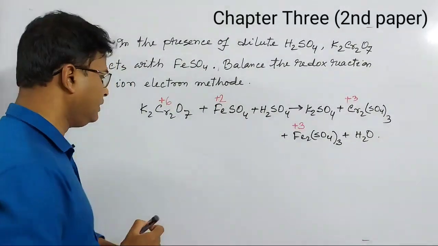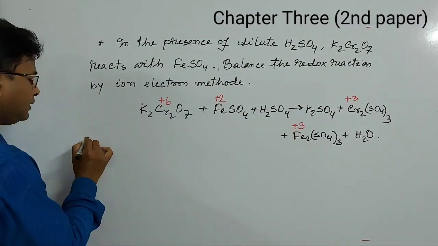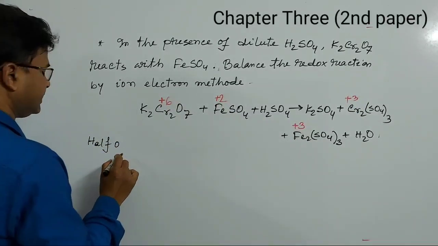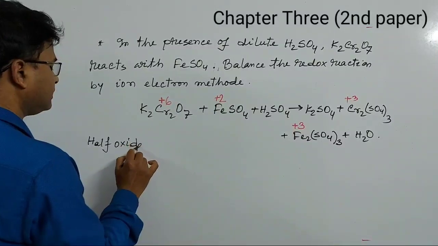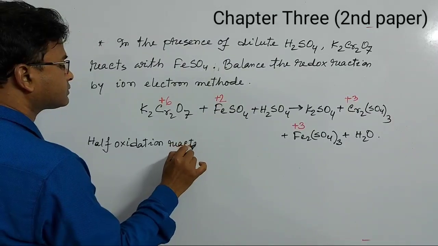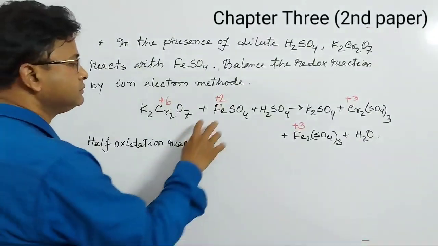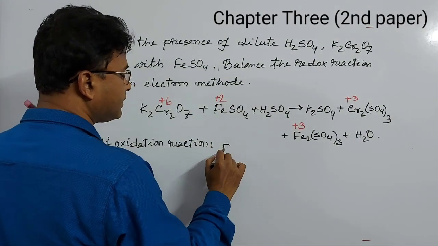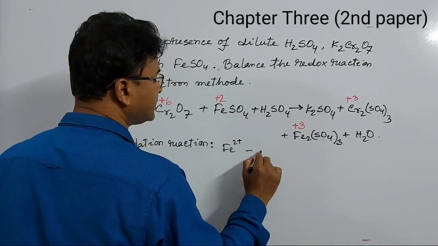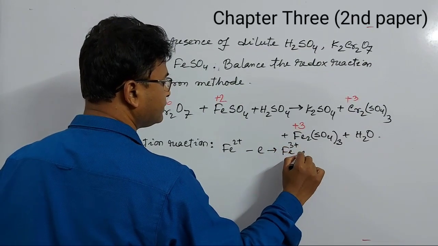Students, now I can write here half oxidation reaction. Here Fe2+, ferrous ion, releases one electron to form ferric ion.